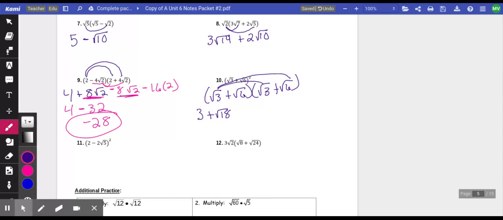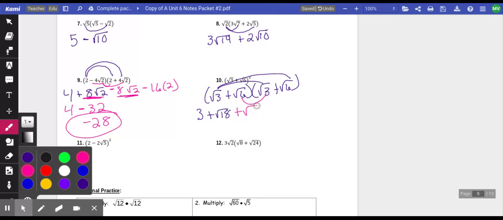Then I distribute the next number: radical 6 times radical 3 is radical 18, and radical 6 times radical 6 is 6. Radical 18 I can simplify to be radical 9 times radical 2, and I can do that with the other radical 18 as well. The square root of 9 is 3, so it's 3 radical 2 plus 3 radical 2 plus 6. Combine like terms, and it's 9 plus 6 radical 2.